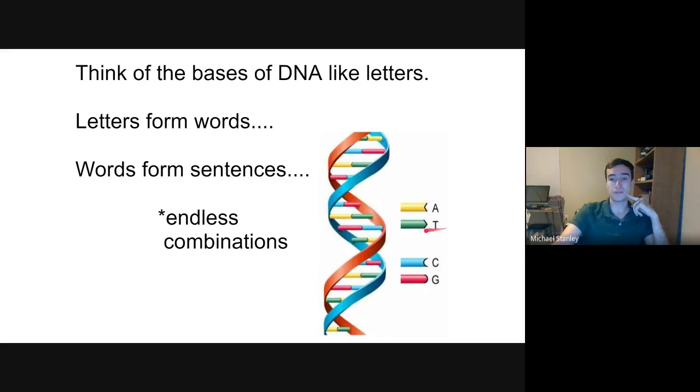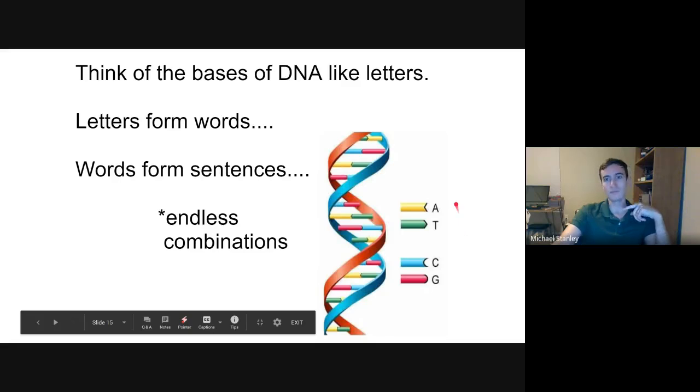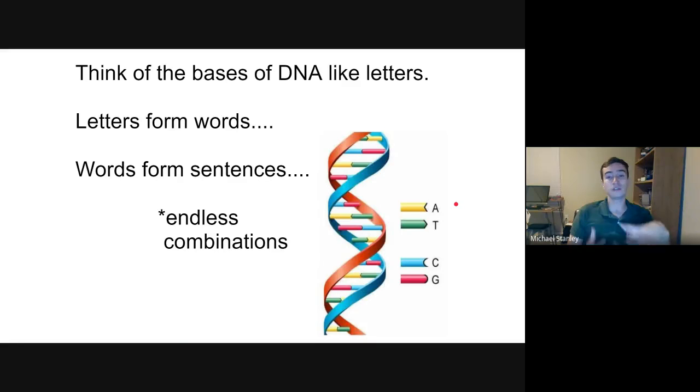So these bases, we assign them these letters. And in English or Spanish or whatever language you have, you use letters to form words. And then those words can form sentences. So even though, say, in the English language, we have 26 letters, by rearranging those 26 letters in different ways, you can get thousands of different words and millions or billions of different sentences, right?